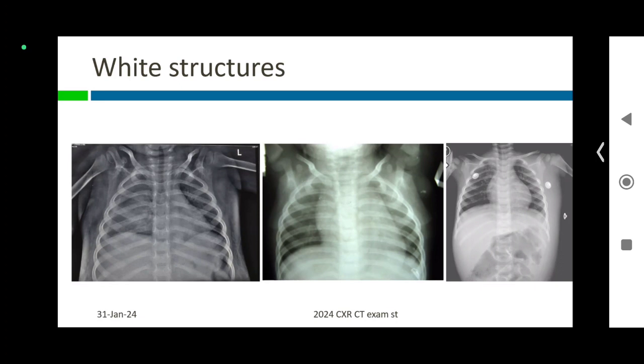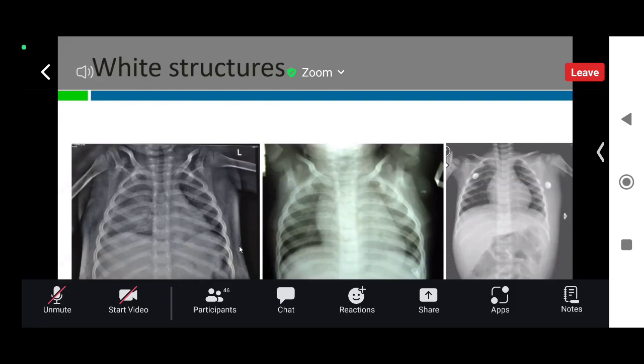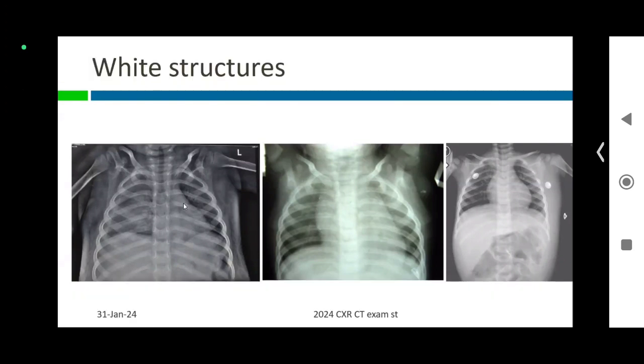Or anyone else? Anyone? First one looks like an expiratory film, sir. Very good, but look at only the subcutaneous now. First, we'll go one by one.